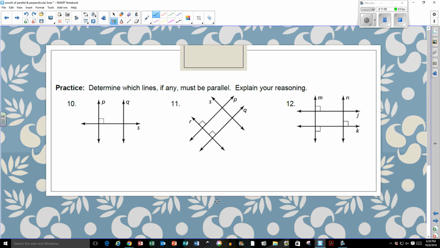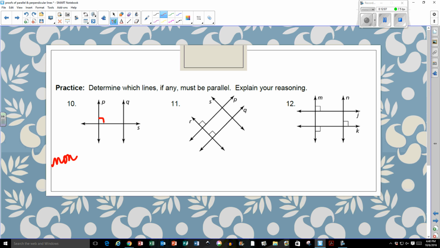So looking at it, determine if your lines are parallel. So I look here and it says this is 90, but it doesn't tell me anything else. There's no other information. They didn't tell me if this was 90. They don't tell me if these are parallel. They don't tell me anything.